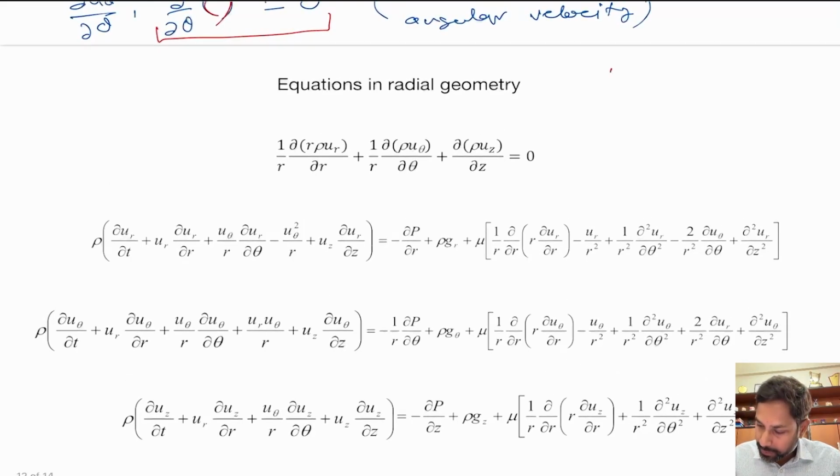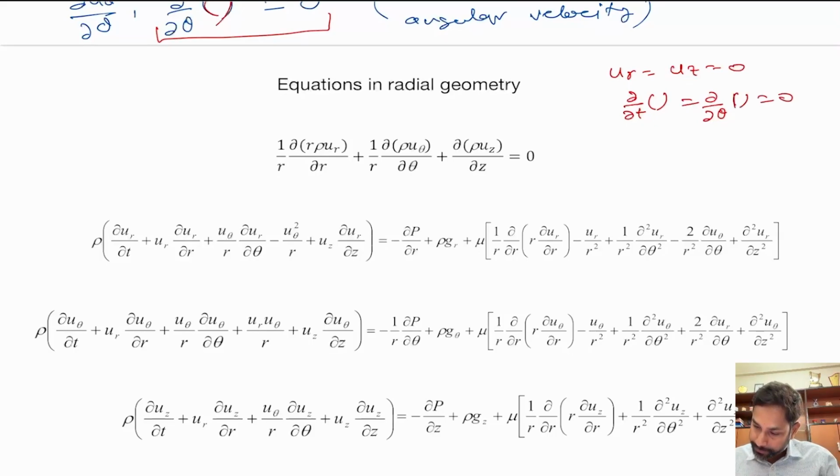Here we know that ur and uz are 0, and the d by dt and d by d theta terms are 0, right? So you can see that this ur term is 0, uz term is 0, and the d by d theta term is 0. So equation 1 is of no relevance because all terms become 0.